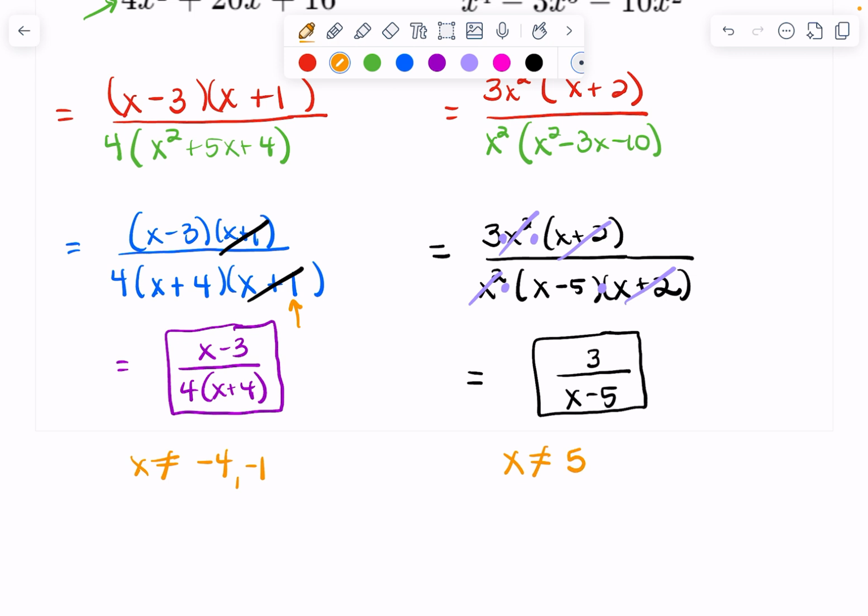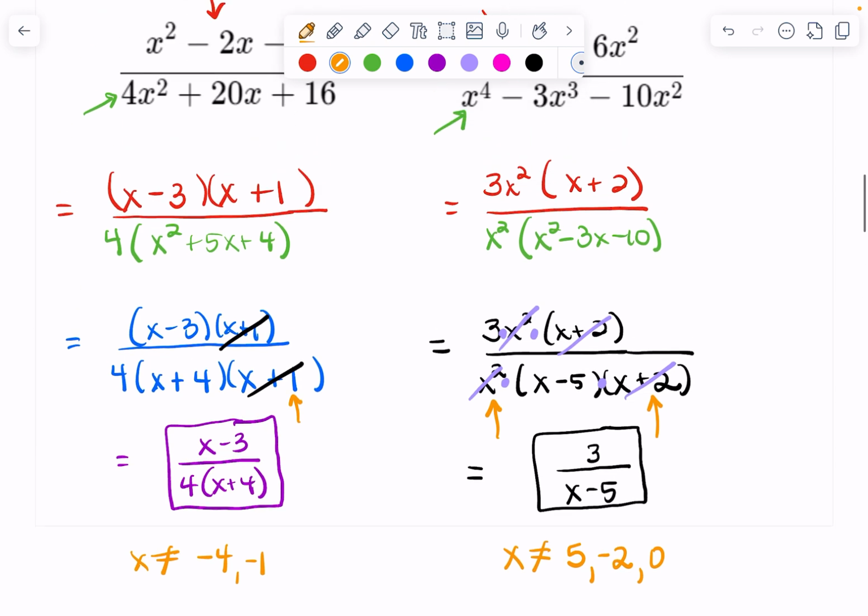Then you have to go back and look at the factors that you canceled. It looks like we had a factor of x plus 2, which gives you a restriction of -2, and x squared gives you a restriction of 0. Now, since it's x squared, remember back in December, we said that's x times x, so like multiplicity of 2. We don't need that when you're listing exclusions. You can just be done.